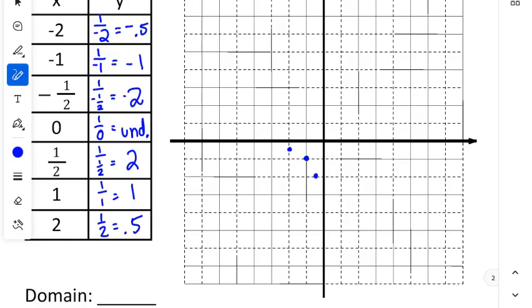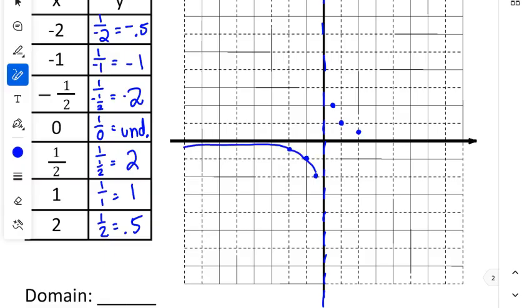Negative half, negative 2. Then we have an asymptote. Draw yourself that. Little dotted. And then half, 2. 1, 1. 2, half.